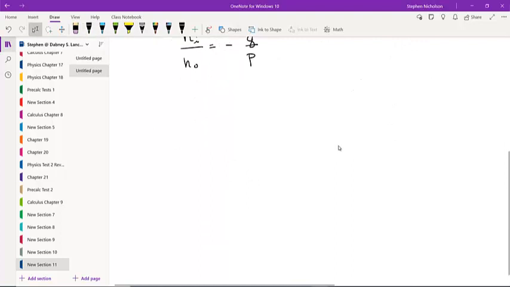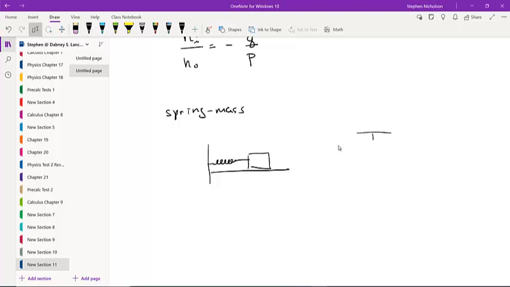Okay, chapter 13. So 2 main things in chapter 13. We have the spring mass situation. So you can think of that as a mass that's on a frictionless surface with a spring like this, or you can think of it as a mass and spring where the acceleration due to gravity is 0.